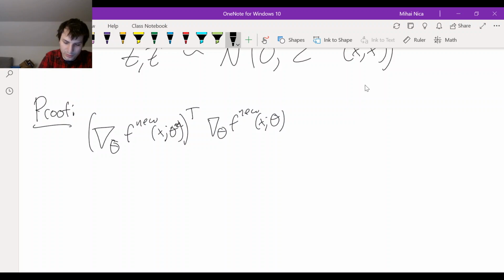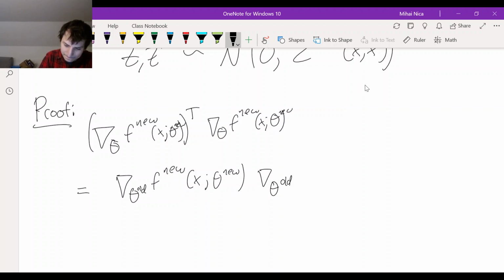Let me write it with a new so we make sure that we know. This is equal to the old parameters, I wrote it like this in the notes. This is the old parameters of the new function, evaluated where it's evaluated, plus the gradient with respect to the weights and biases.